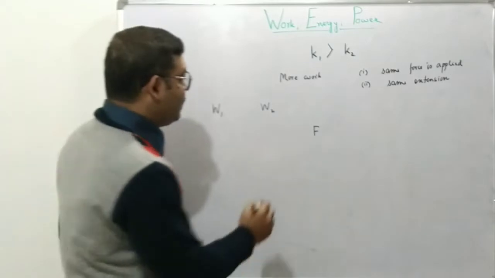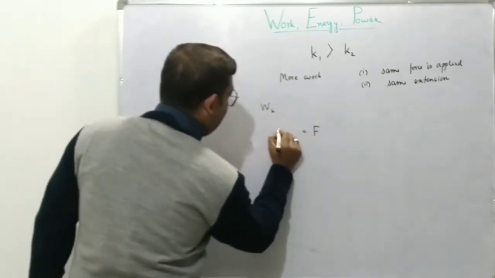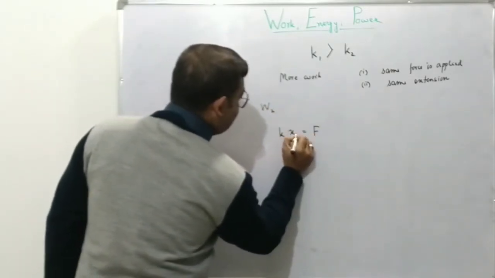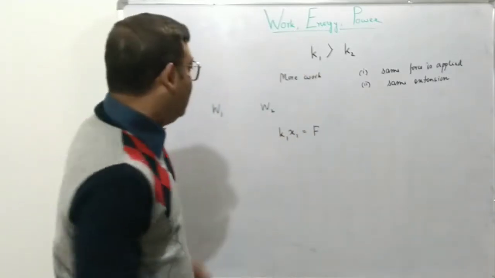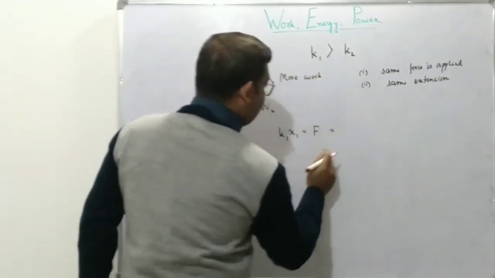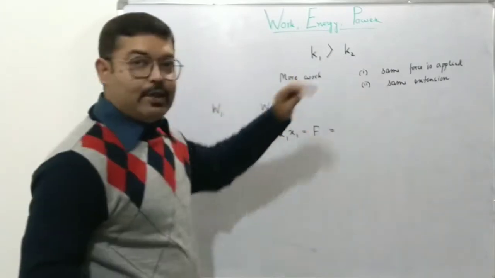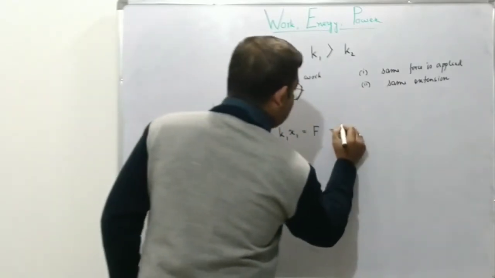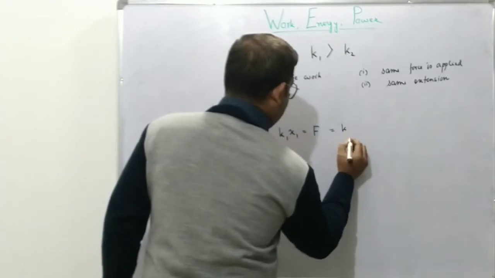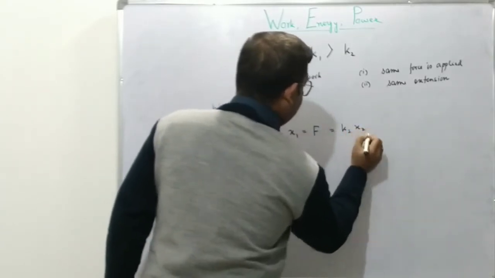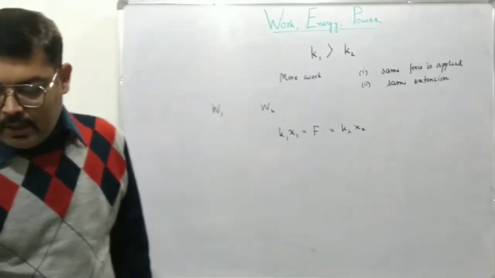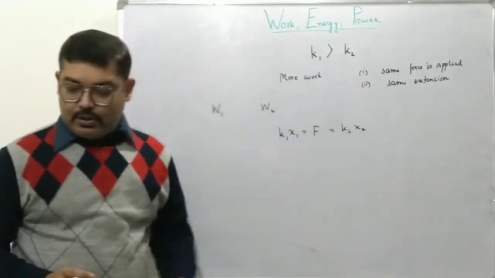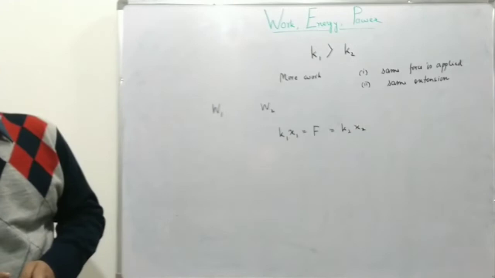Then, by property of springs, we must have that F is equal to K1 into X1, the extension of the first spring, in magnitude we are talking. And this same force is applied to the second spring also, so for the second spring we must have F equal to K2 X2, where X1 and X2 are the extensions of the two springs respectively.